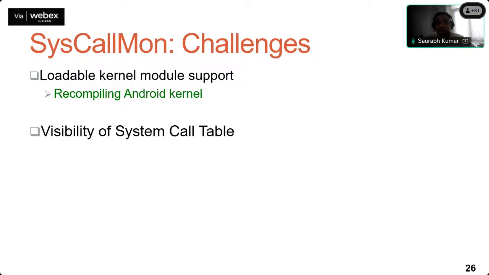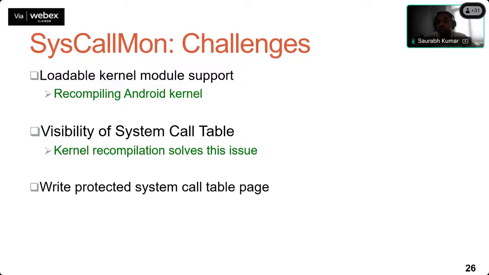But the issue is that the system call table is not visible in the Android emulator. So what should we do? We are already recompiling our Android kernel, so because of this recompilation you can also get the system call table information, which automatically solves the problem.